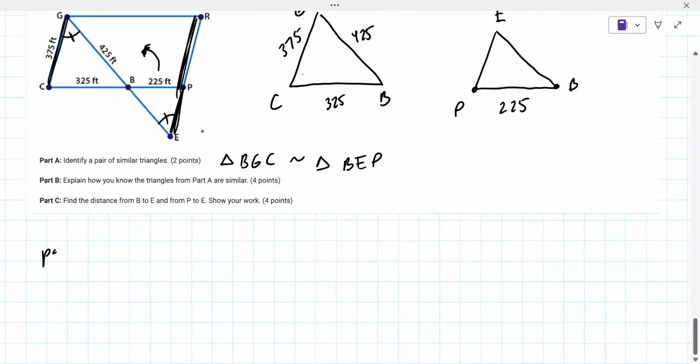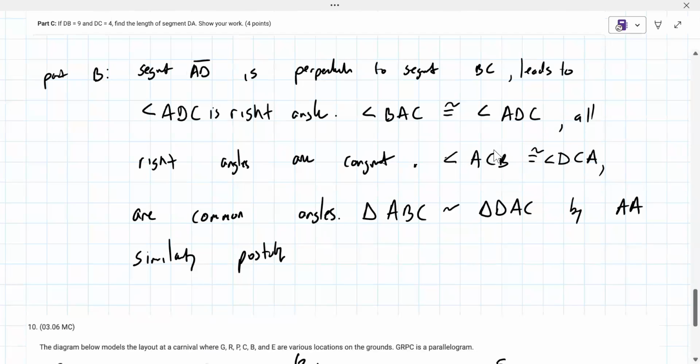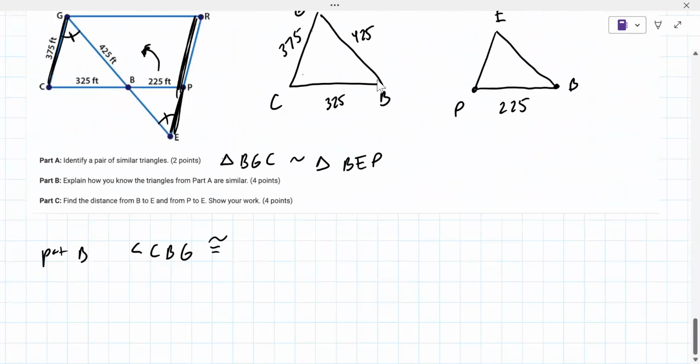So for part B, we're going to say that angle CBG is congruent to angle PBE because they are a common angle.